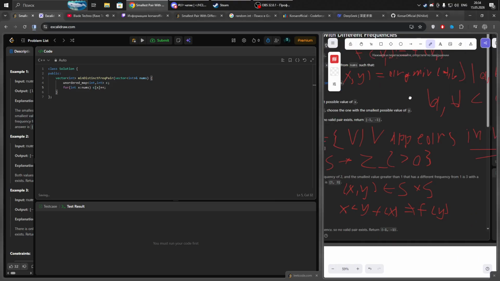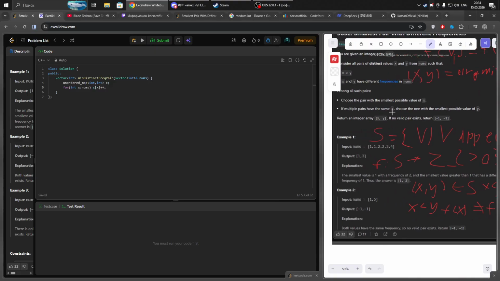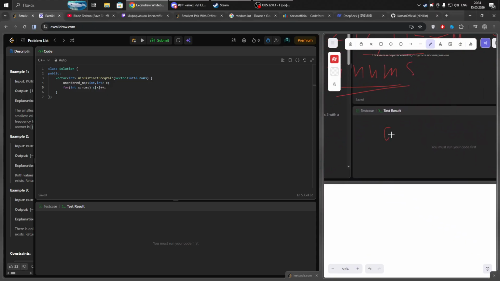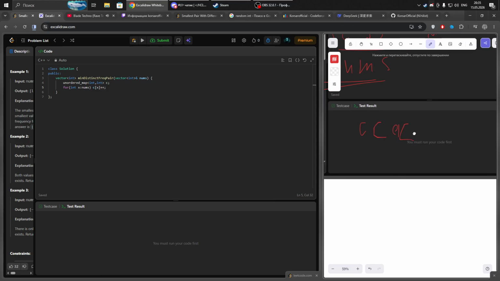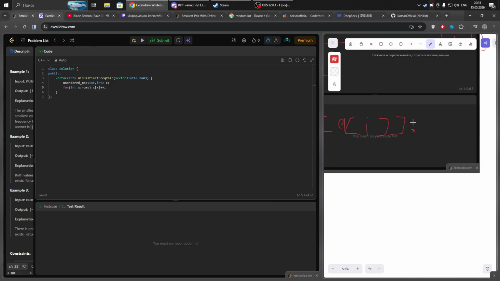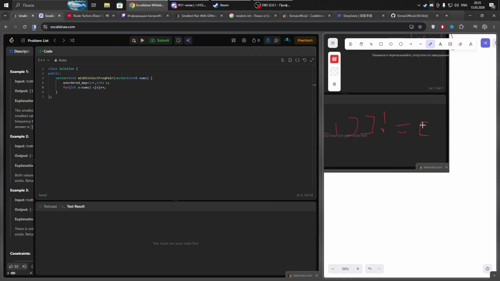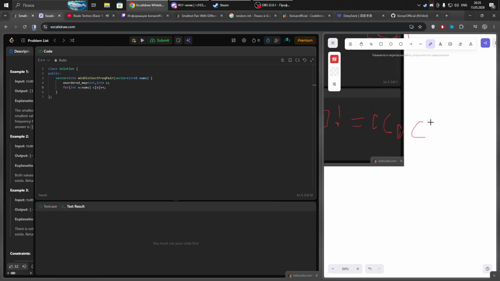So we seek the smallest index i such that a of i is not equal to c of a of i plus 1.